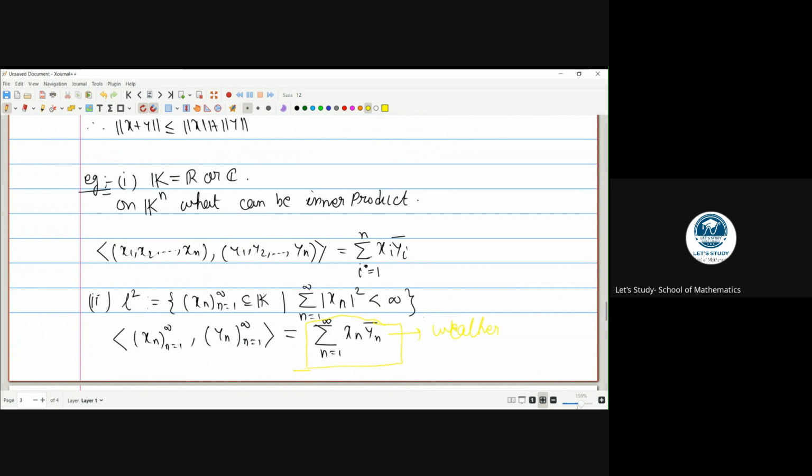Otherwise, if it is not convergent, there is no sense of talking about the inner product space. So can anyone say whether this converges or diverges?